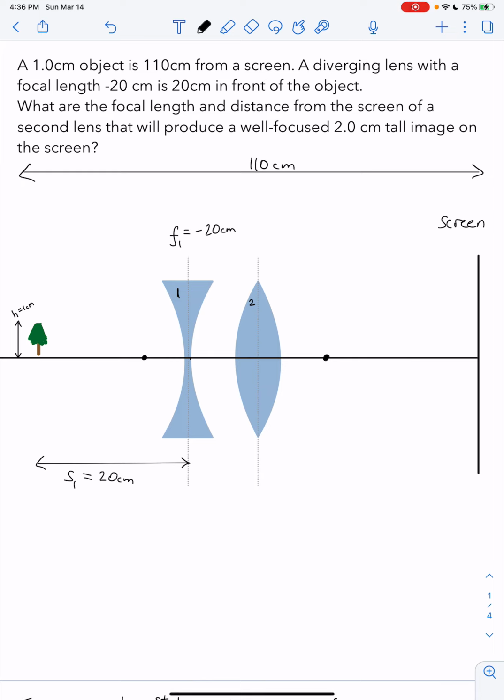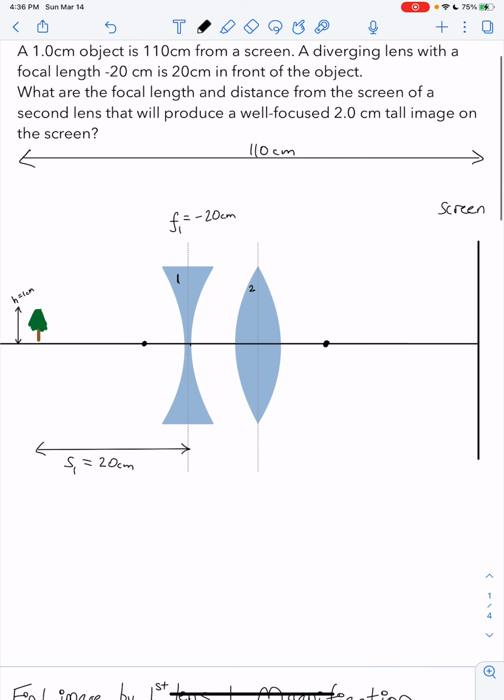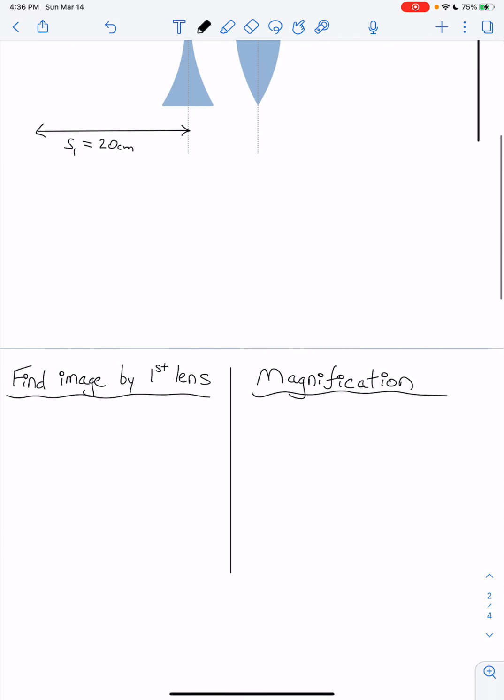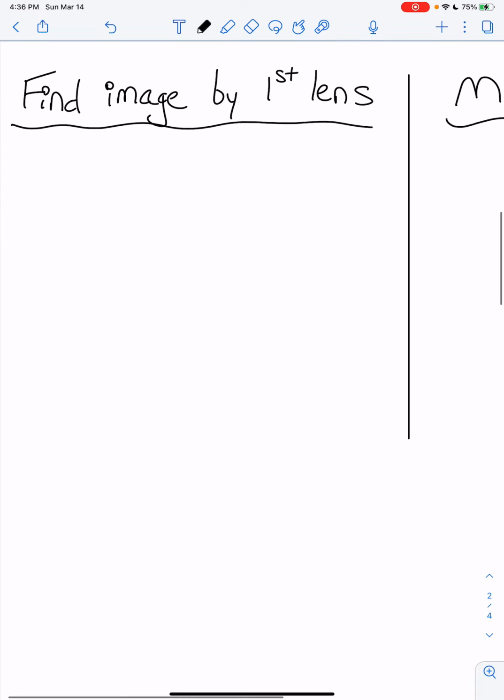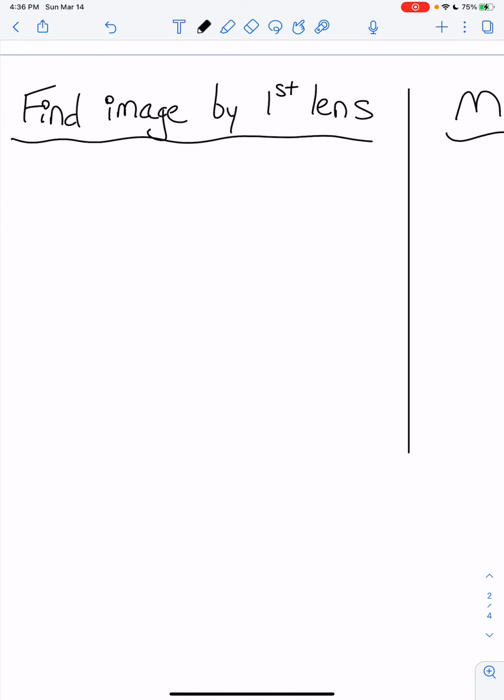Alright, so what can we do first? Well, we can analyze what's going to be produced by that first lens. We've been given a focal length, a height and a distance away. That's all we need. So let's find the image by the first lens, and then we'll consider the overall magnification. Those are two things we can do right away.